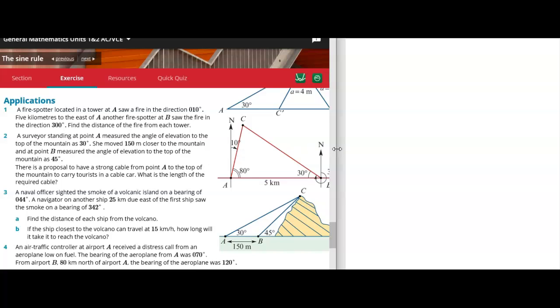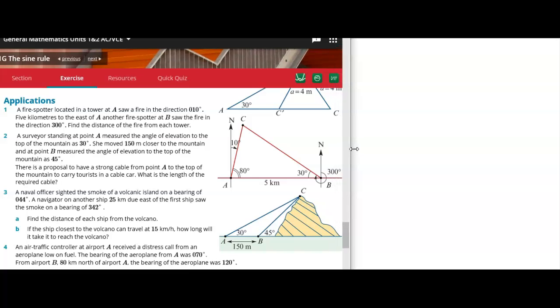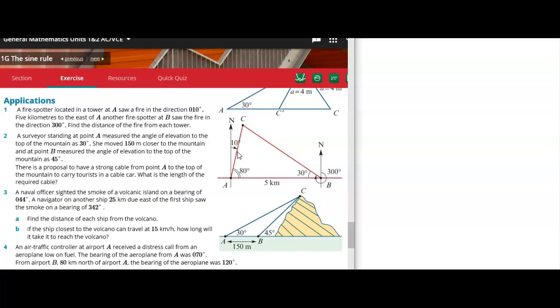So C is on a bearing from A of 10 degrees. 5 kilometers to the east of A, so here at B, there's another fire spotter, and this fire spotter saw the fire in the direction 300 degrees. So that's your bearing. Okay, so you can see that diagram there.